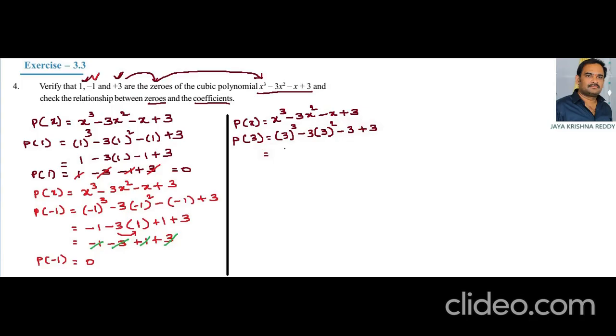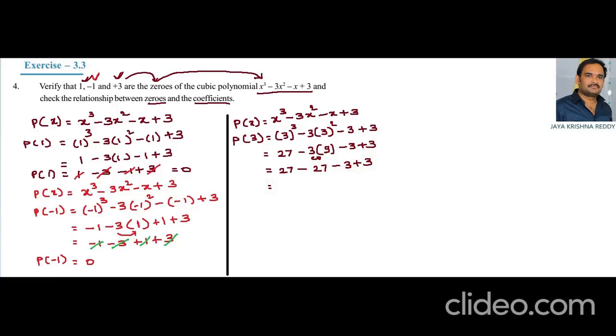So 3 cube means 3 into 3 into 3, which will become 27, minus 3 times 3 square. 3 square means 3 into 3, it is 9. So 27 minus the product 3 into 9, which is 27, and minus 3 plus 3.